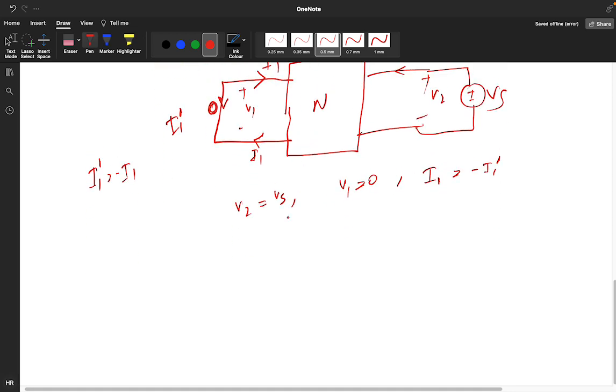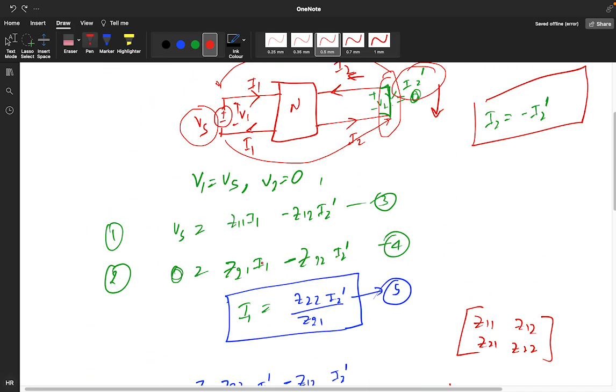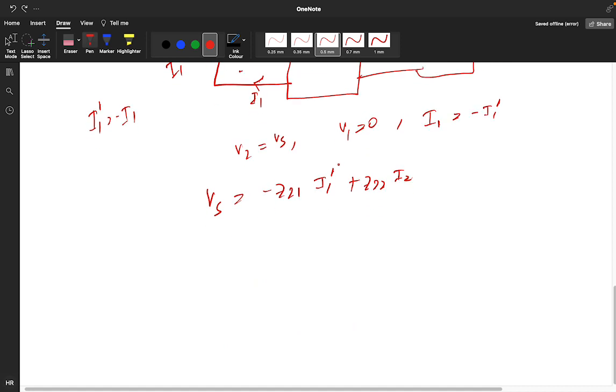Now substitute the value in equation 2. You will get V of S is equal to minus Z21 into I1 dash plus Z22 I2. Why minus? Because we replaced I1 with minus I1 dash.